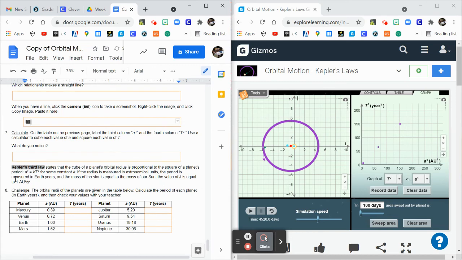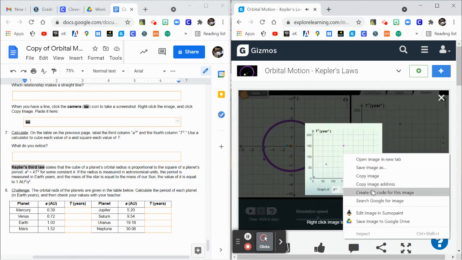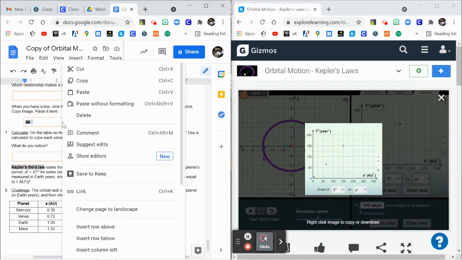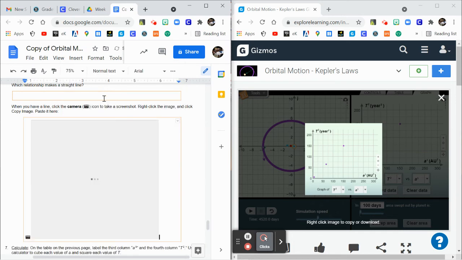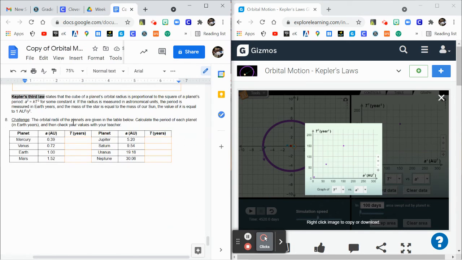Now that I know that it's supposed to be t squared versus a cubed, copy the image and paste it. And there you go, everybody.